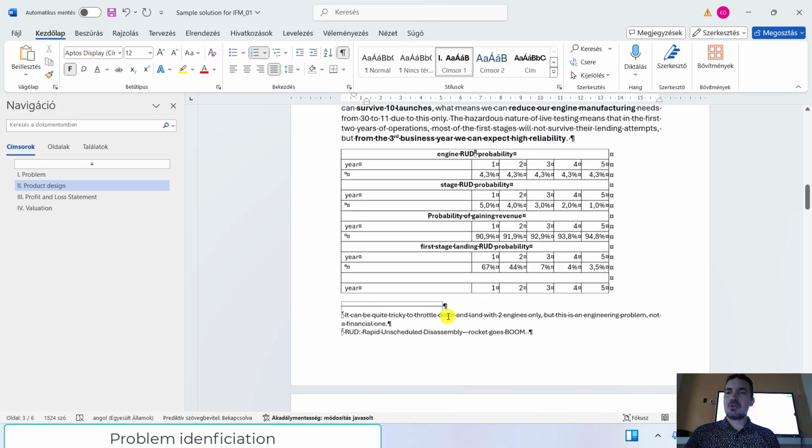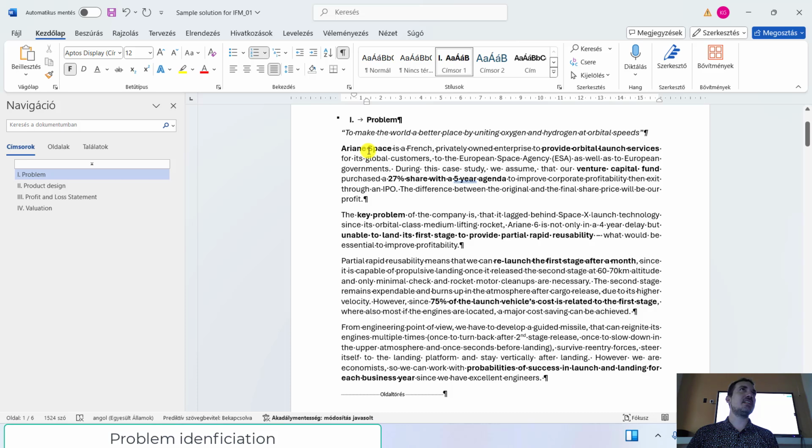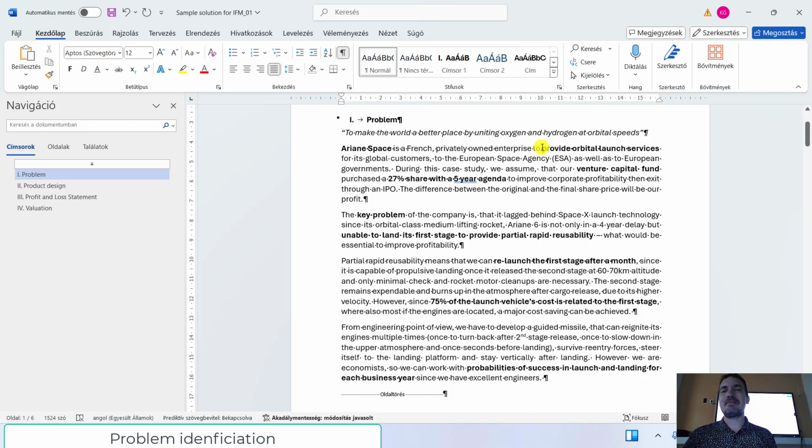Okay, so let's go through the problems. Can we identify more or less? This is a French company. This alone can be a problem, but right now it is neutral for us. Hopefully they are not going to strike immediately. And it is a privately owned enterprise. Okay, for the case study this is a problem, because we are not able to dig in enough data.